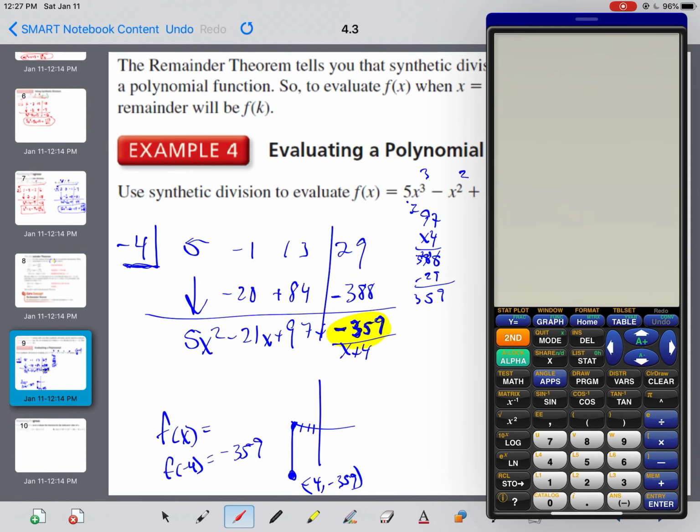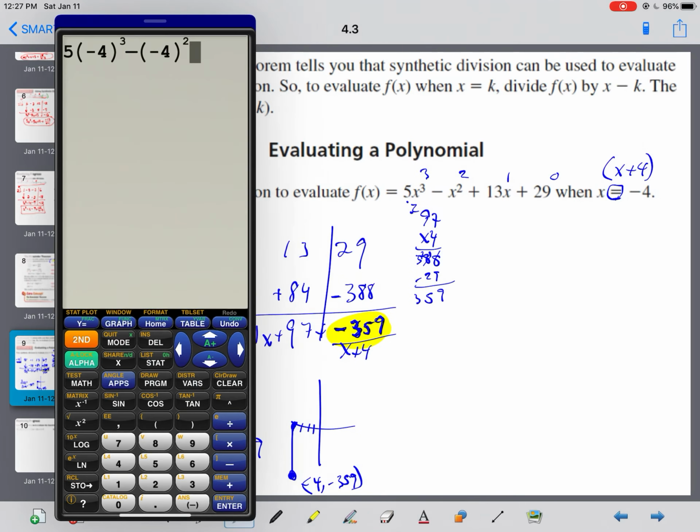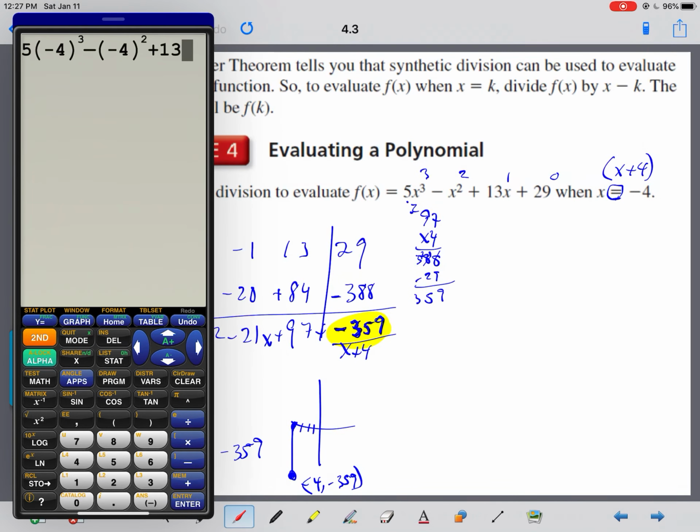So if you take a calculator and you say 5 times negative 4, I'm plugging it in for x to the third, minus negative 4 squared, I'm going to move this over so I can see what I'm doing, plus 13 times negative 4 plus 29, what you should get is negative 359.